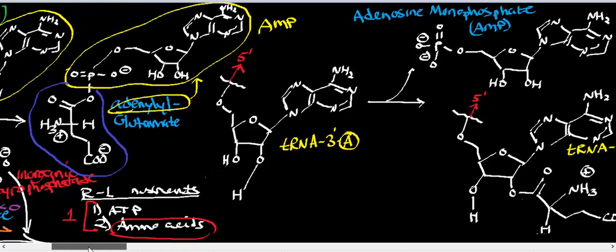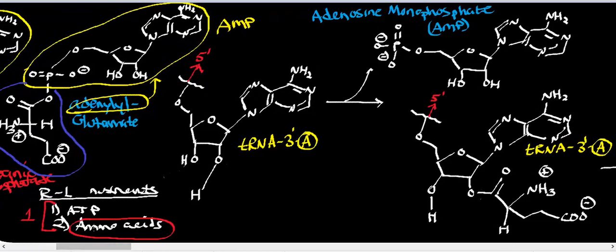Now here's the component where the tRNA becomes important. Notice I can label the ribose ring. This is the 1', this is the 2', 3', 4', and 5'. I've labeled all the carbons of the ribose ring. The tRNA is going to come in. Of course, the 3' end, which is shown here, has the adenine as the nitrogenous base.